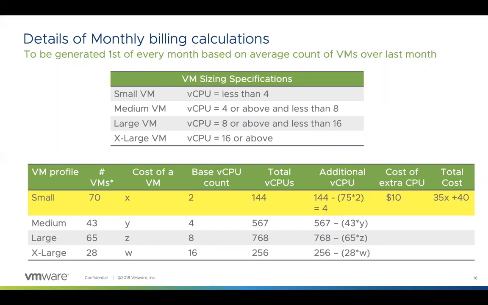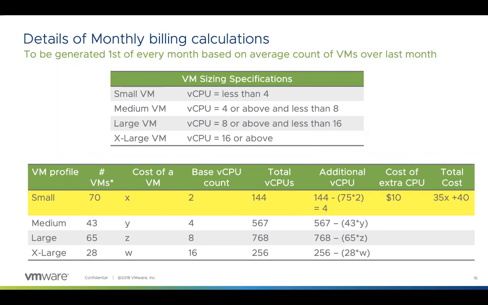Then we look at the total vCPUs available. If you found the total vCPUs as 144, which means they are charging for 70 times 2, which is 140 vCPUs, at X each, right? But then we see 4 additional vCPUs available. So the cost of each extra CPU is calculated as $100.